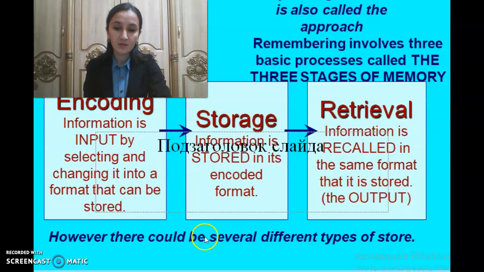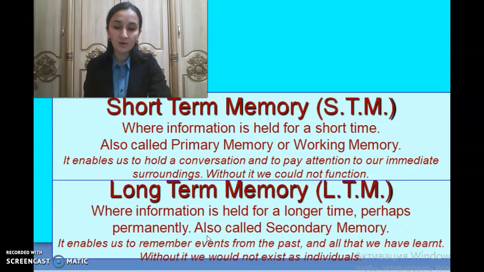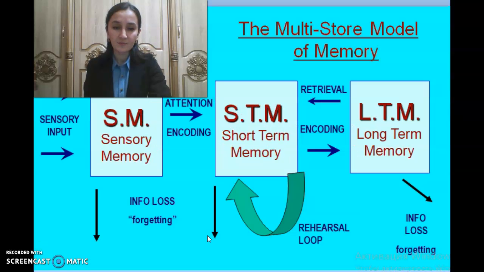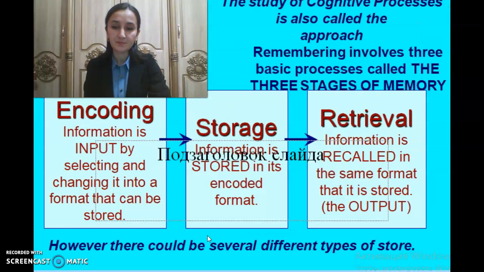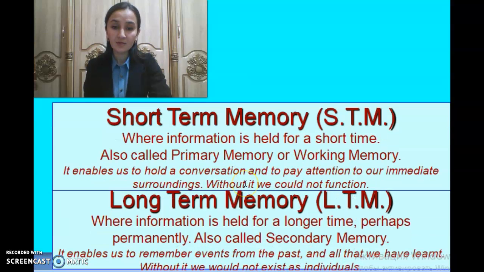Okay, let's continue with the next one. So here we will talk about types of memories. I'm so sorry. I think all human beings know what short-term memory is and what long-term memory is. Even we can give definitions in our own languages.